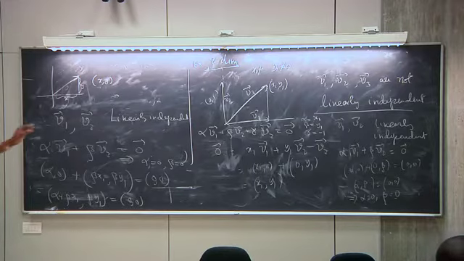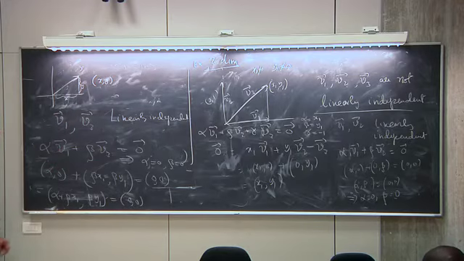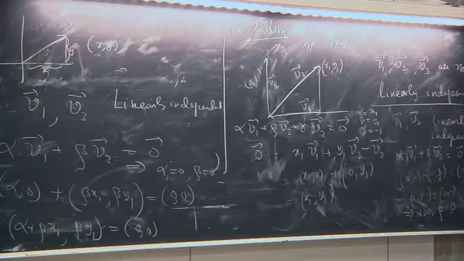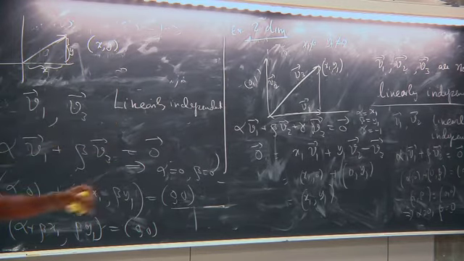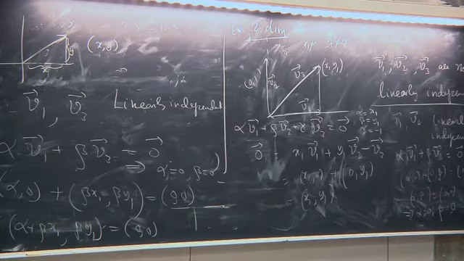You can actually try and verify that the moment you have more than 2 vectors, that set will always be linearly dependent. In this example, in the 2-dimensional plane, if you consider a set of more than 2 vectors, say here it was 3 vectors, if you take 4 vectors or 5 vectors, whatever, then that set will always be linearly dependent.